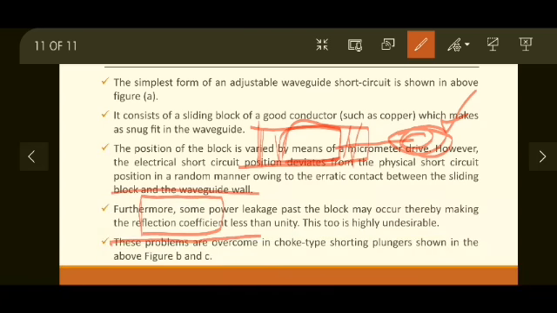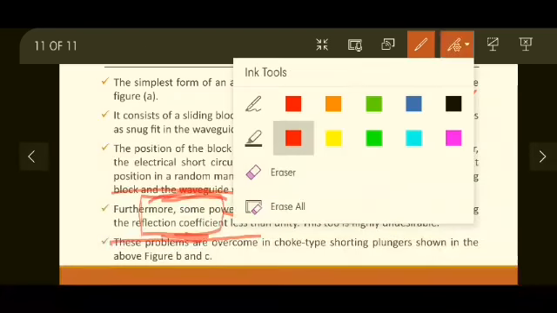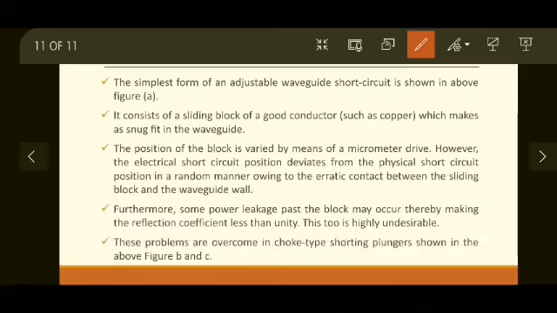It is so close that sometimes while moving it forward or backward, it will touch the walls of the waveguide, and wherever it touches, there the electrical short circuit is obtained. Furthermore, some power leakage past the block may occur. So because of finite thickness, again there will be reflection resulting in power leakage, thereby making the reflection coefficient less than unity. So the reflection coefficient may not be 0 at all.